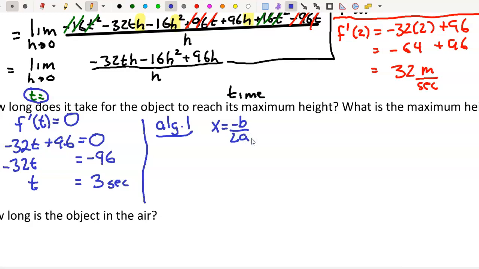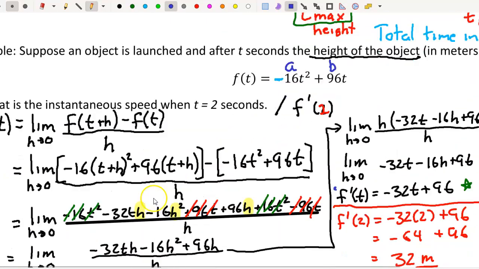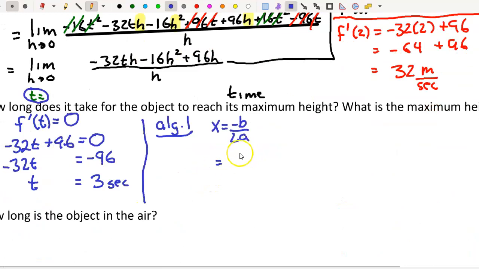That was part of the quadratic formula, negative b plus or minus the square root of b squared minus 4ac all over 2a. This is part of that equation. So in this case, a would be negative 16, b would be 96. If I plug those into this Algebra 1 format, I'd have negative 96 over negative 32, and wouldn't you know, it comes out to 3. So you can use that as a little check.